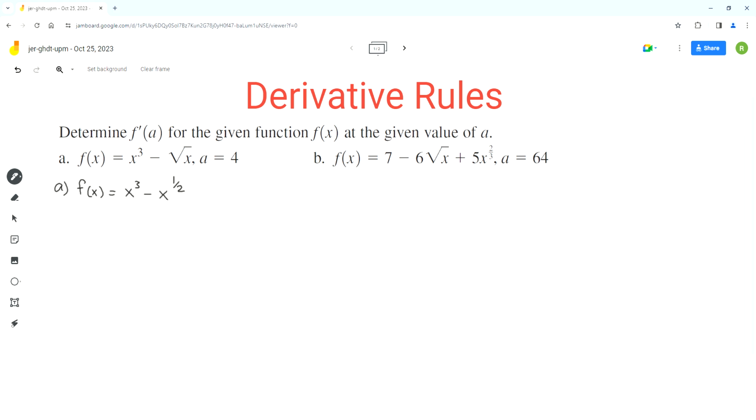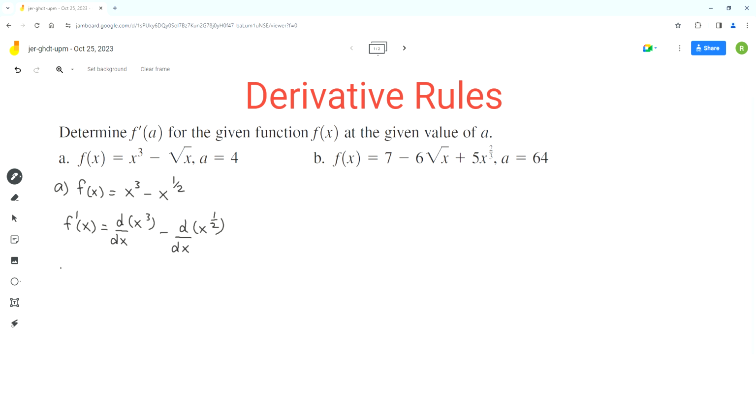Now we can use the derivative rules to find the derivative of the function. We can use the prime notation. So we write f prime of x equals the derivative of x cubed over dx minus the derivative of x to the power half over dx.